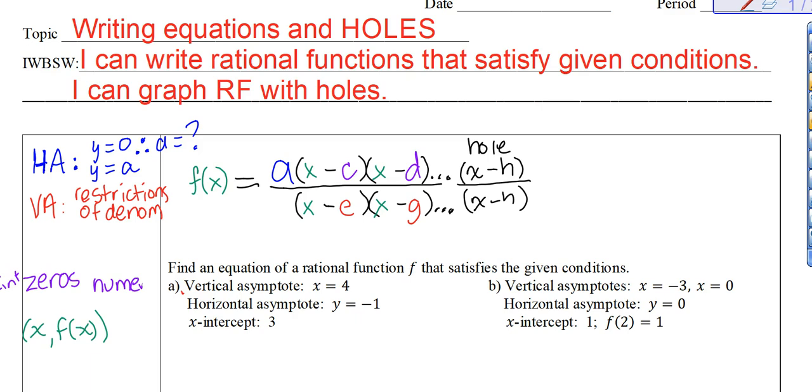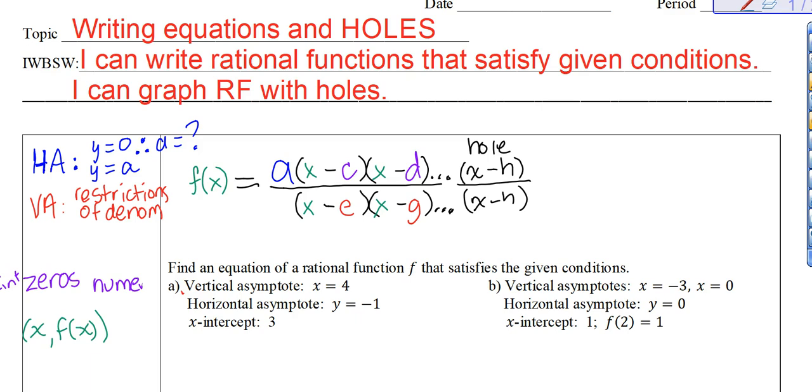Now, we're going to reverse everything we do in order to get these functions written. Typically, we start with a rational function in its general form, and we get the horizontal asymptote, we get the y intercept, then we factor it into factored form so we can see our zeros and our vertical asymptotes.